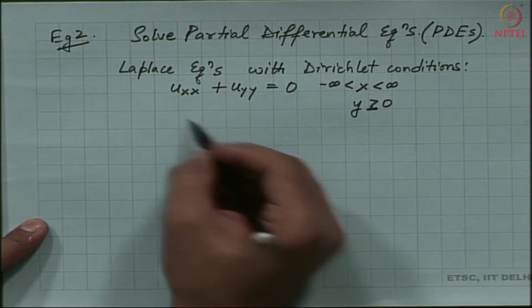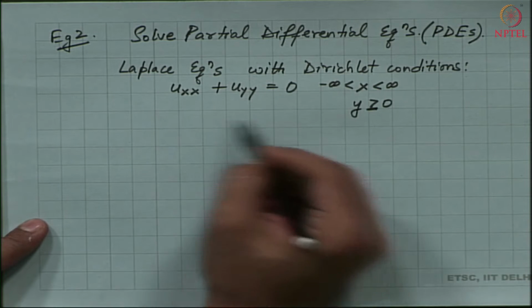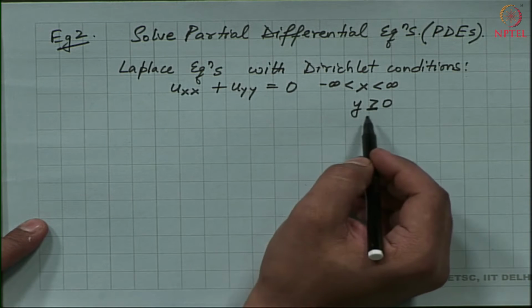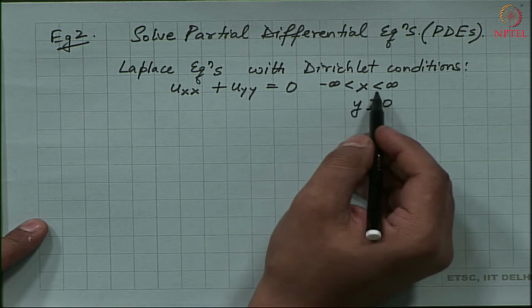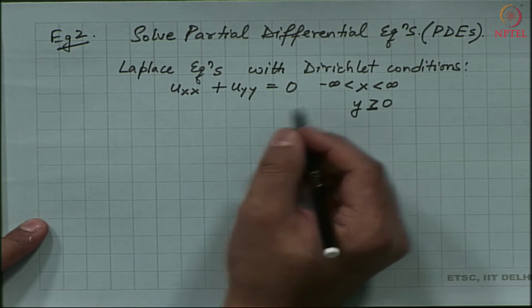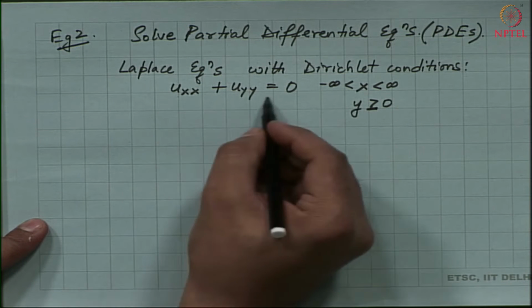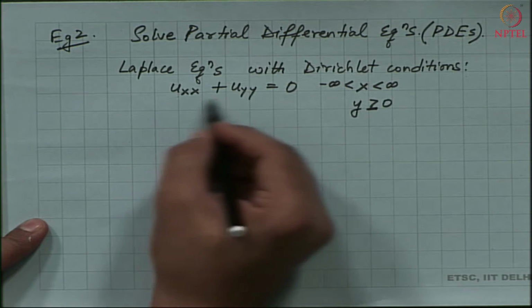So this is an equation to be solved over half of the plane, from y 0 to infinity and x negative infinity to infinity.